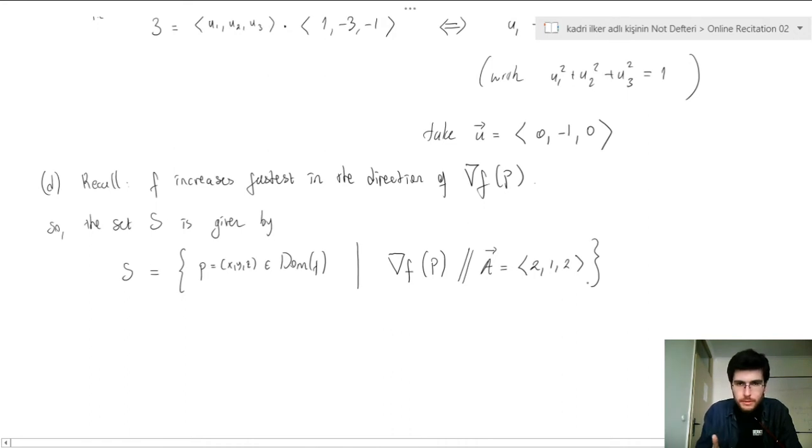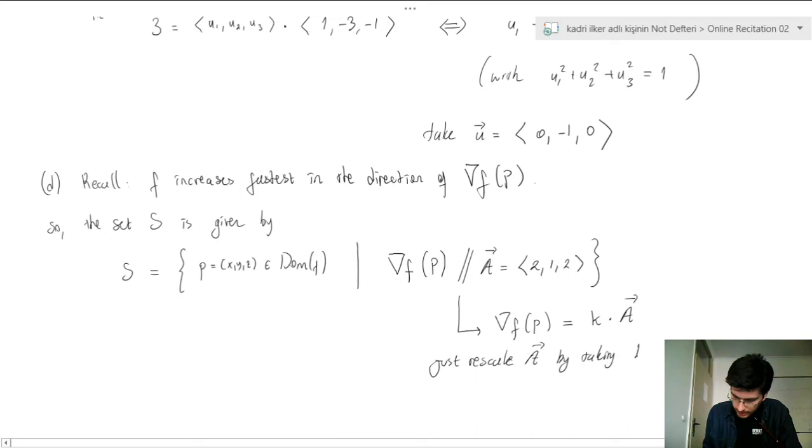Therefore, we really want to understand this set. But be careful, what is the meaning of this? The gradient of f evaluated at p is just some constant times a. Direction is important, so just rescale a by taking k to be minus 1 over 2.